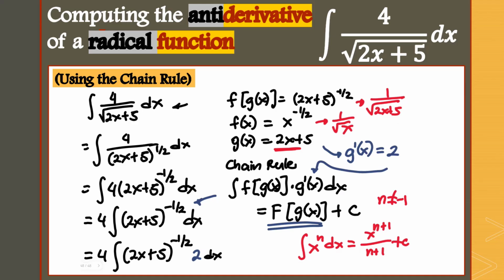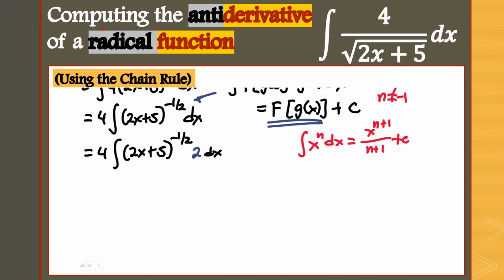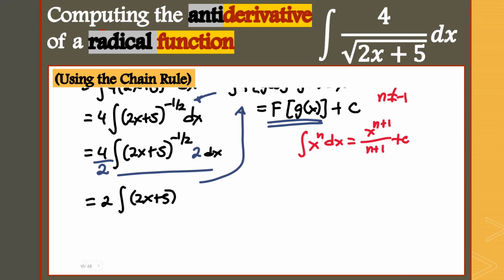In order for us to return to the original form, we are going to neutralize 2 by dividing by 2 here outside, because this is actually simplified as 1, but we will not be doing that. So this is already okay for our chain rule. 4 over 2 is just 2, integral of 2x plus 5 raised to the power of negative 1/2, times 2 dx.